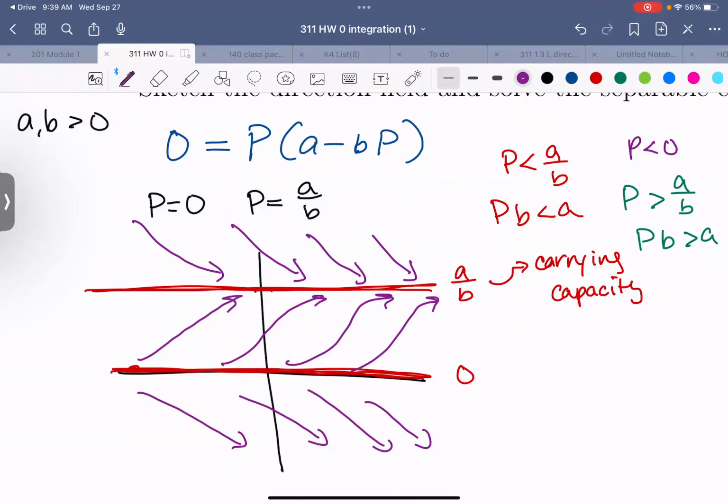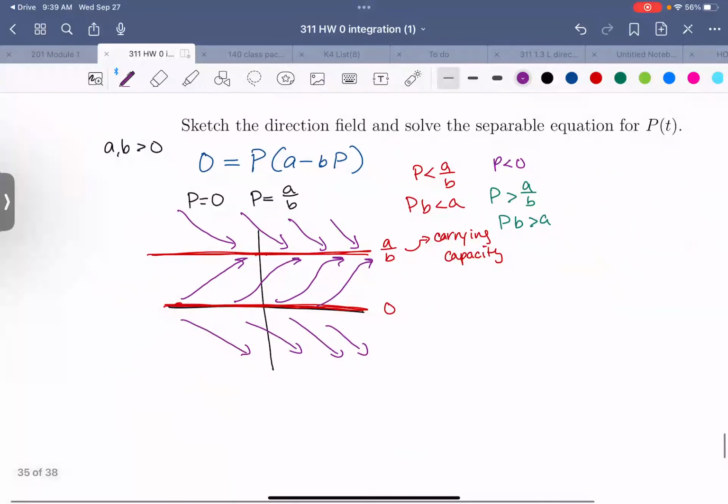And what that means is that as long as you start with some sort of positive population, if it's being modeled this way, it's going to approach that carrying capacity of whatever A over B is. So that's what should happen if we look at the long-term behavior of our solution: we should end up with the limit being A over B, right?